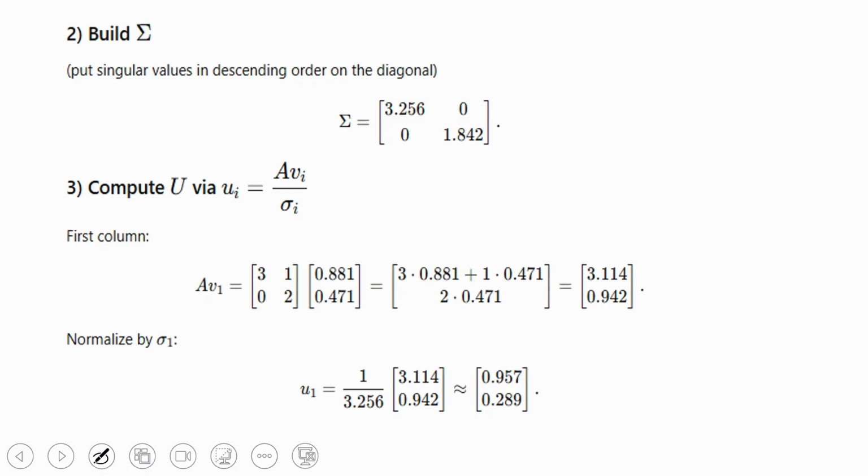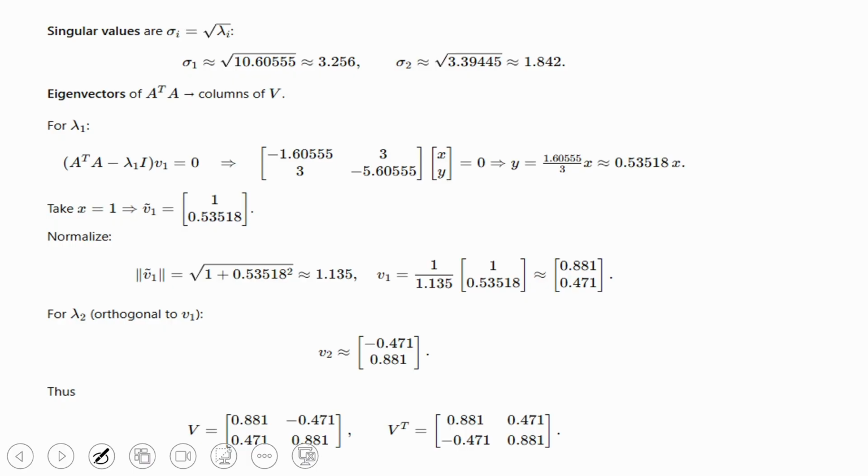Now we need to build sigma. Sigma means you need to put all the singular values in descending order on the diagonal. We are having two singular values.